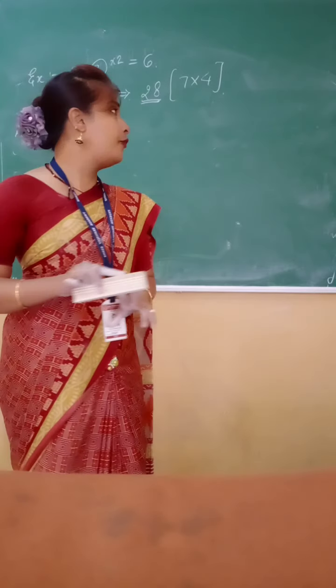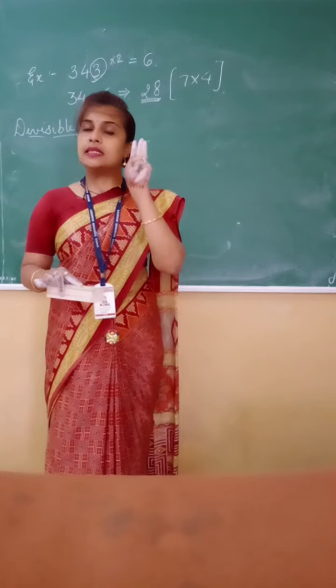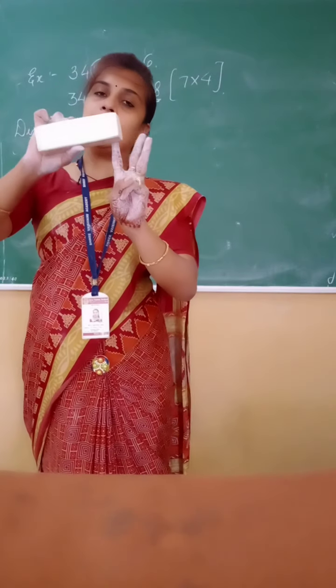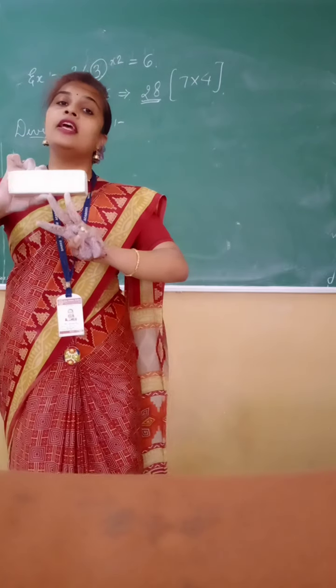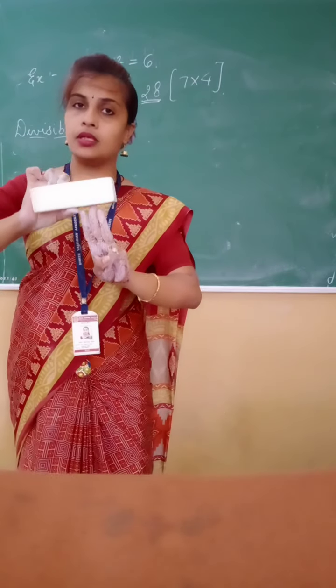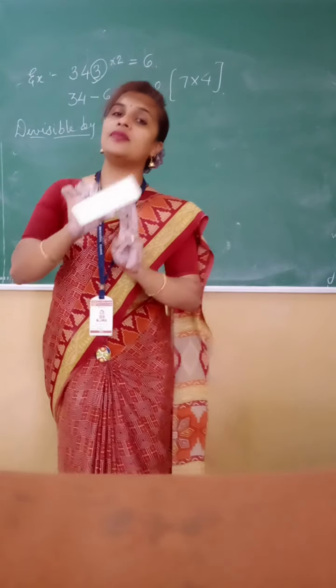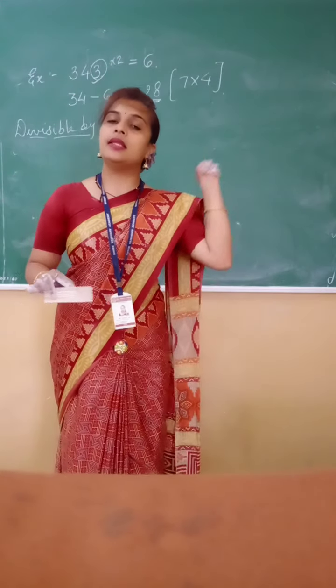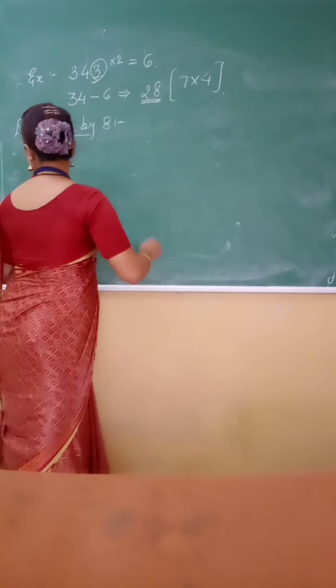In the rule for divisibility of 8, we will check three numbers, that is the digits at hundreds place, tens place and ones place. If the number formed by last three digits is divisible by 8, then the whole number given will be divided by 8.